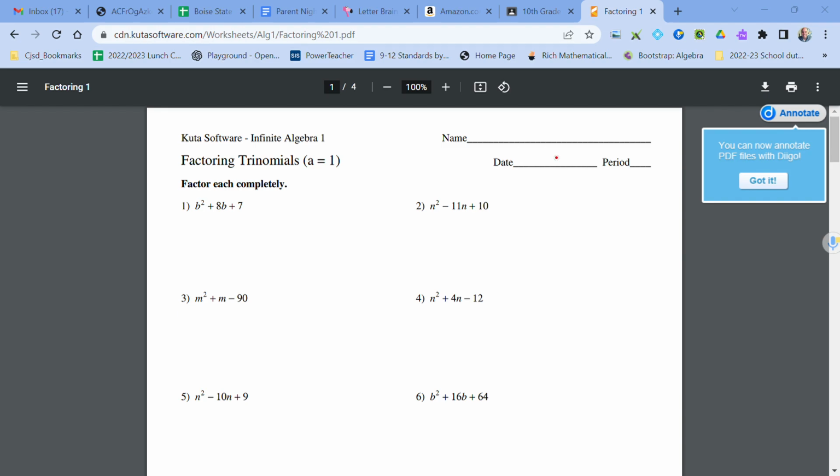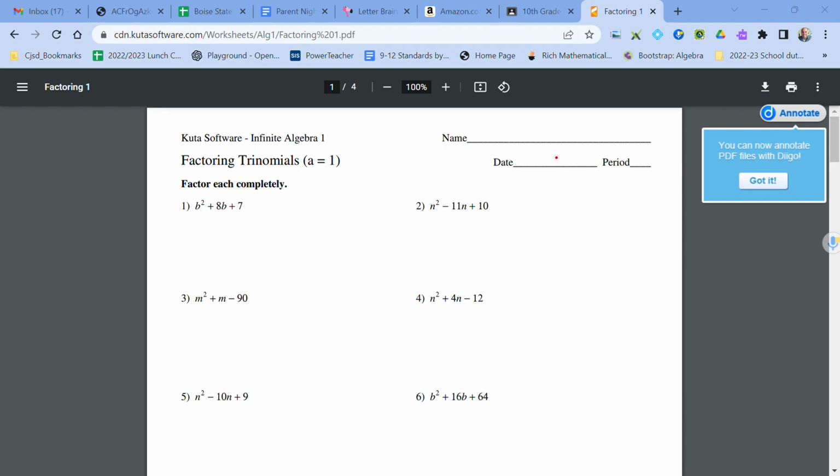This rectangle, this two-dimensional space, if it had a measure here that was negative 9 and a measure here that was 10, then this space would be negative 90, because we find the area by multiplying.